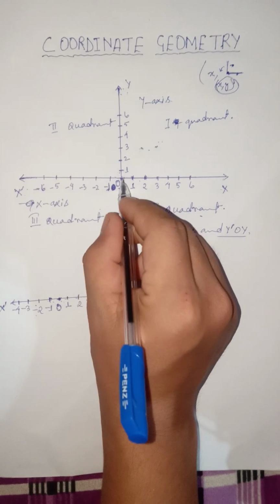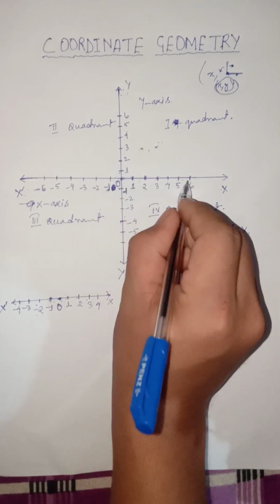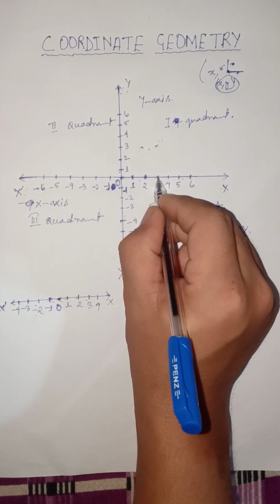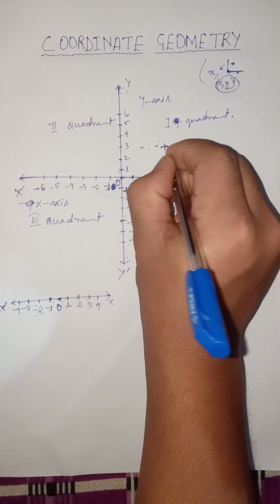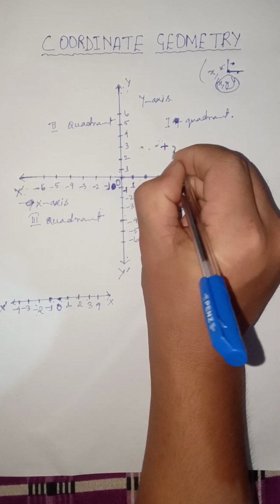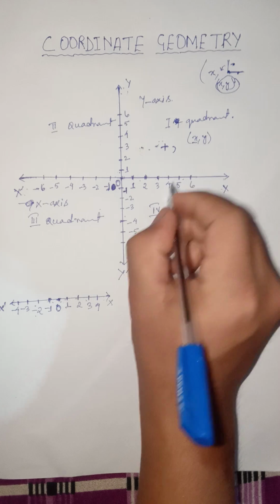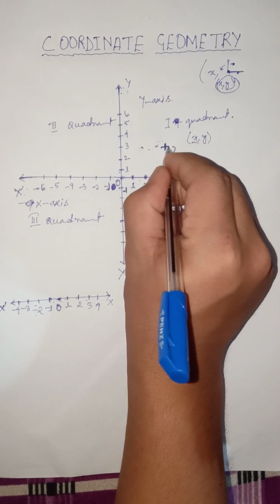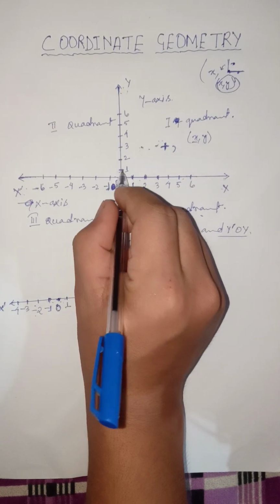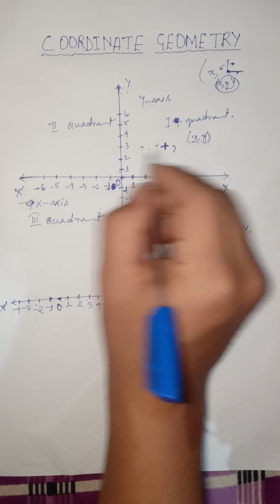First we have to start from these directions. In the first quadrant, the x-axis is in the positive direction. Thus we came to know that the sign will be x comma y. First, x, since it is in the positive direction, will be positive. And secondly we have y.